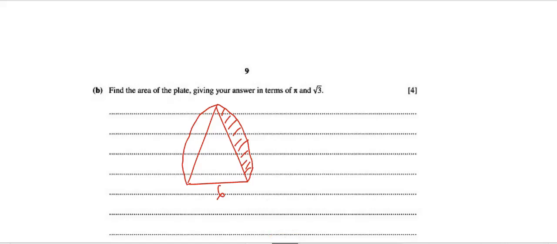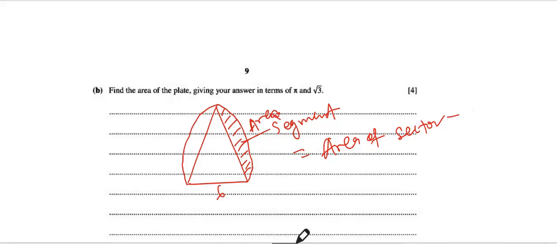So area of the segment here is going to be what? So let's look for the segment. So this is a segment, and we can actually find the area of this segment. So area of this segment is going to be equal to area of sector minus area of triangle.